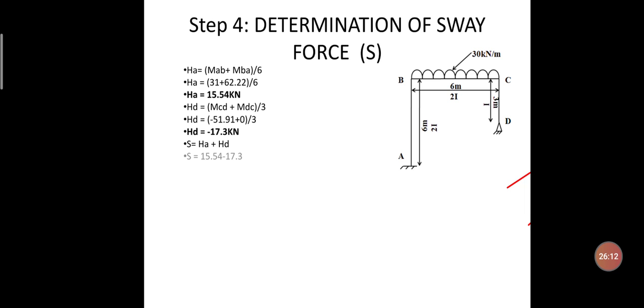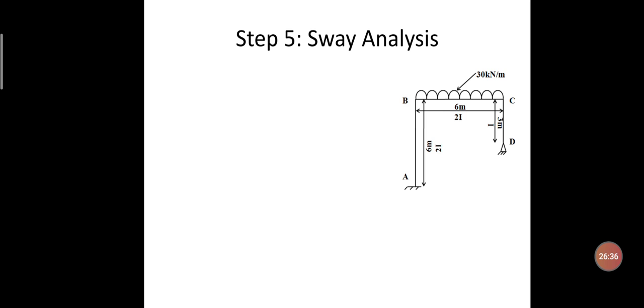HA I have got as 15.54 and HD I have got as minus 17.3. If I solve that, I have the difference in the horizontal reactions as minus 1.76 kilonewton. So this is the amount of force which is used to prevent the sway. So the next step is the sway analysis.